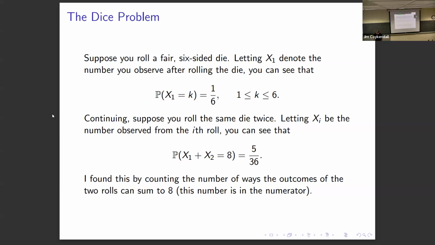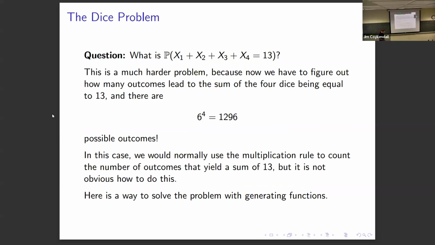But things get a lot more interesting when you start making the number of dice you roll a lot bigger. For example, what if I roll 4 six-sided dice? So at the top here, it says, what is the probability that if I roll 4 fair six-sided dice, I observe the number 13?